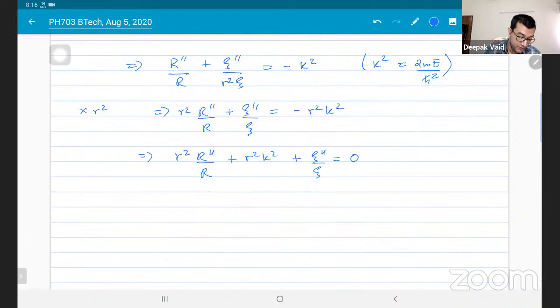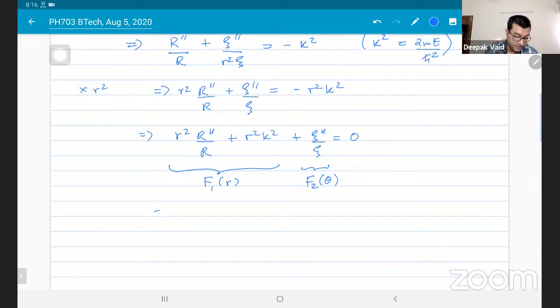We have reduced our equation to a sum of two parts. One part is entirely a function of the one coordinate r. The other is entirely a function of the second coordinate theta. And what is the statement? That the first function of r plus the second function of theta is equal to 0, right?